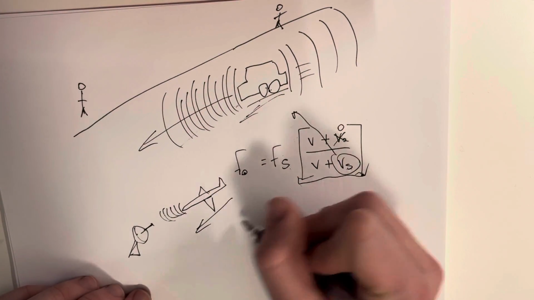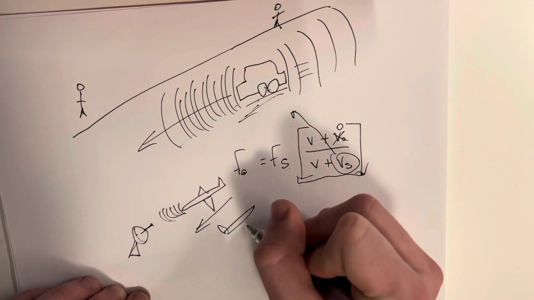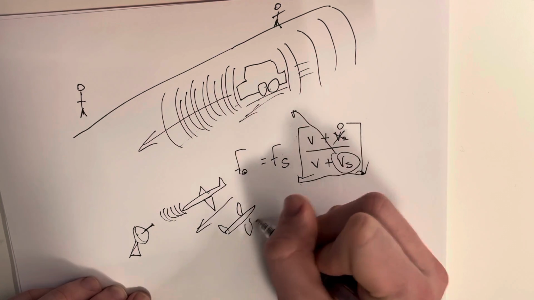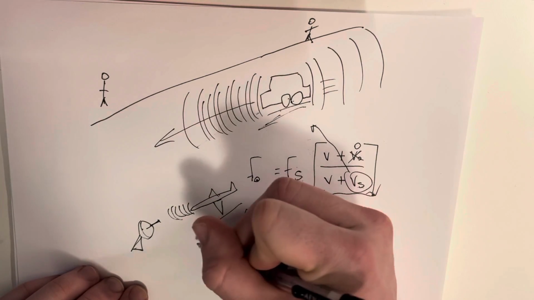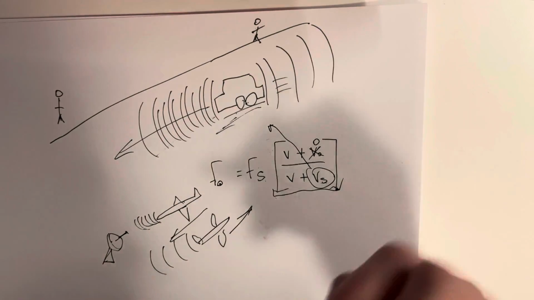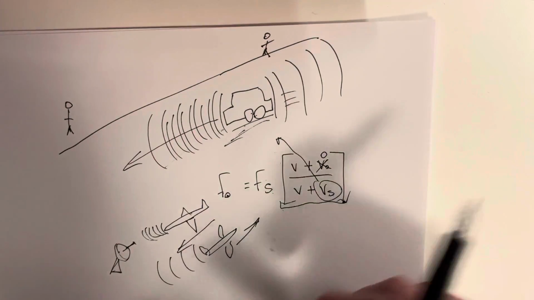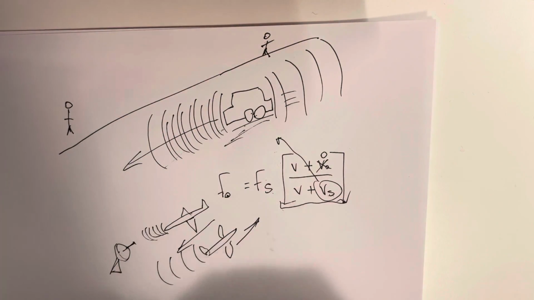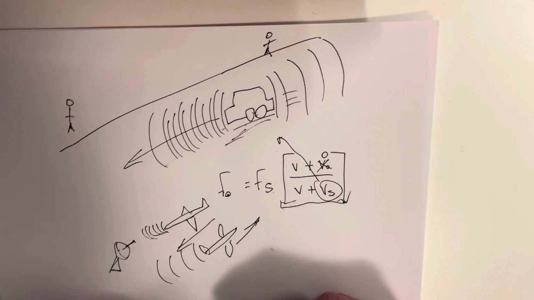Or conversely, if it's heading away from us and it's going in this direction, those radio waves will be further apart. Similarly, this is used in astronomy a fair bit to determine the speed of galaxies and stars.